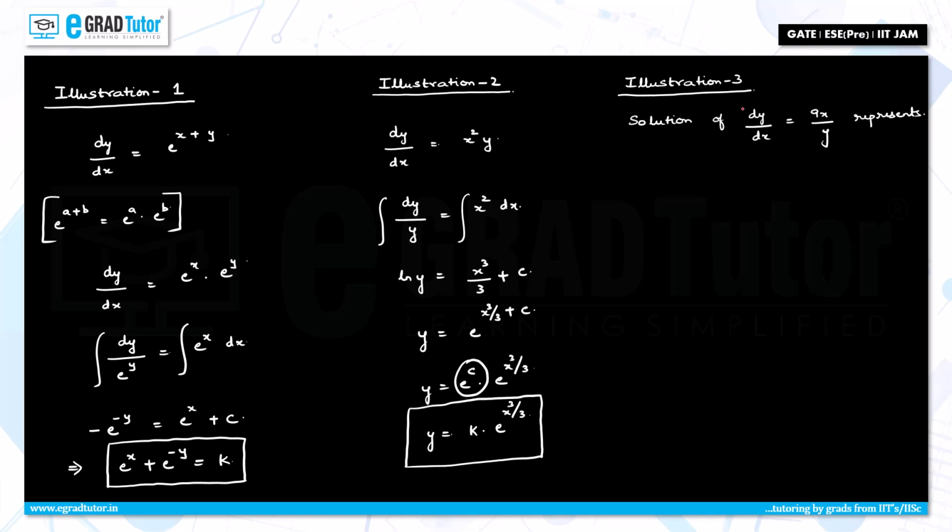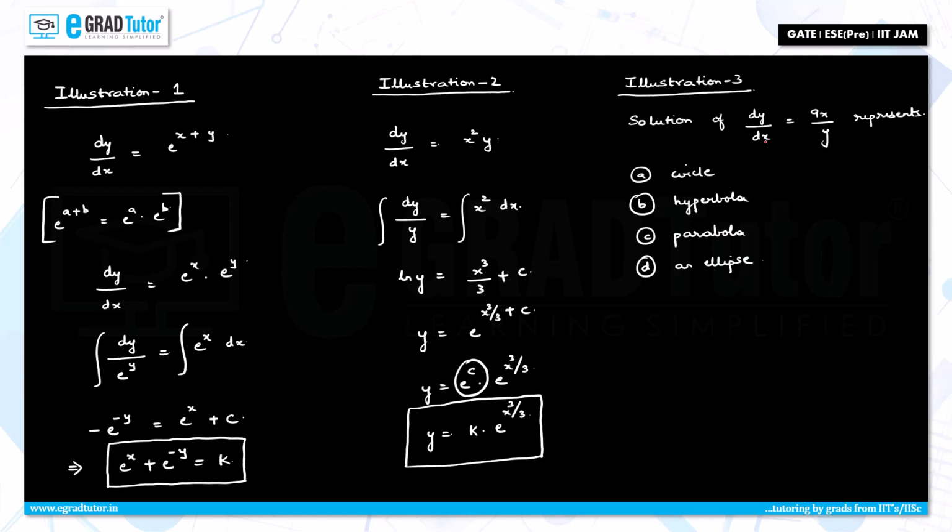Based on the nature of the solution of this differential equation, what does the solution represent? Maybe a circle, or it can represent a hyperbola, a parabola, or an ellipse. So how do you answer such a question?